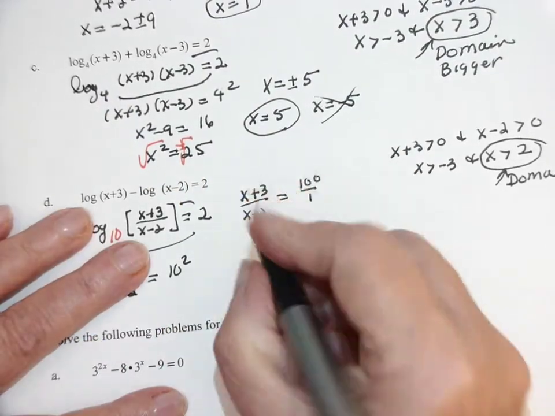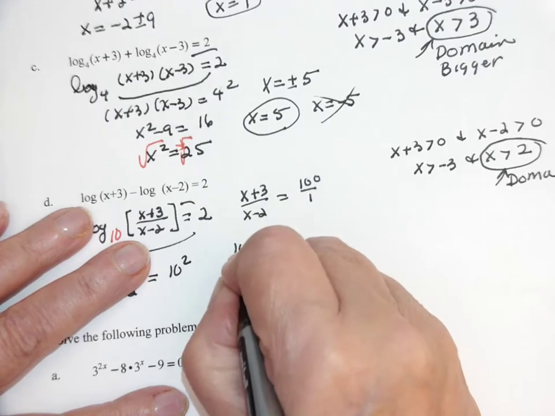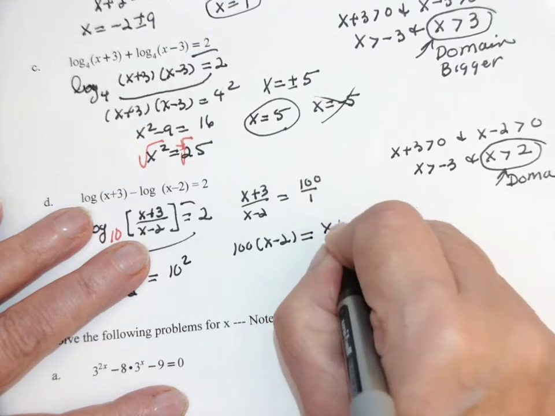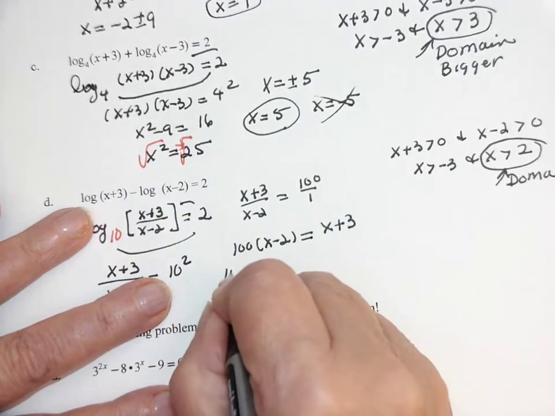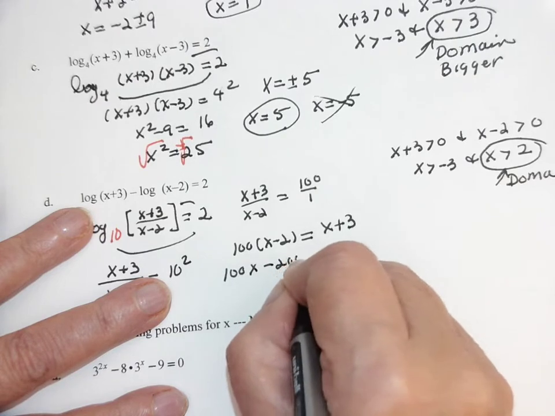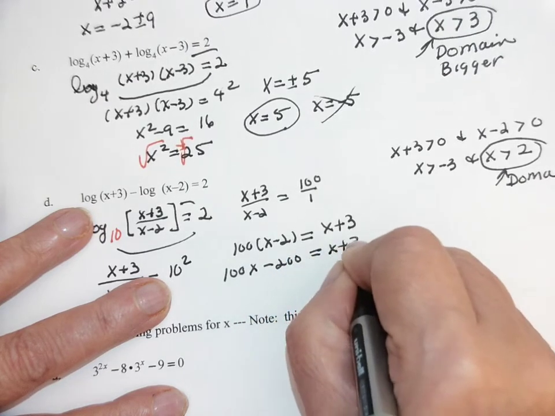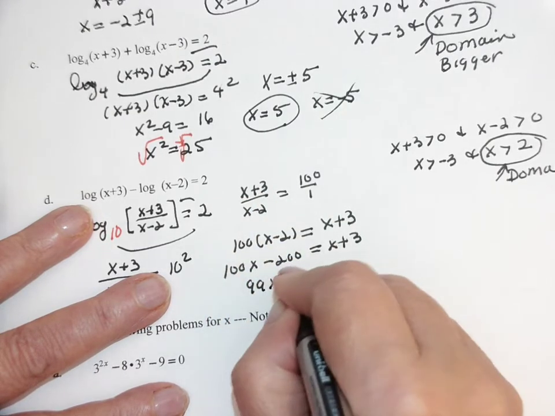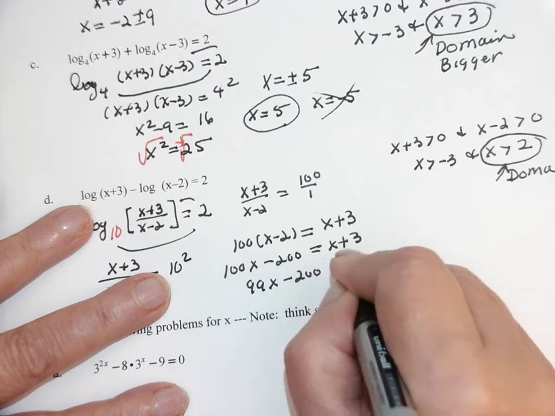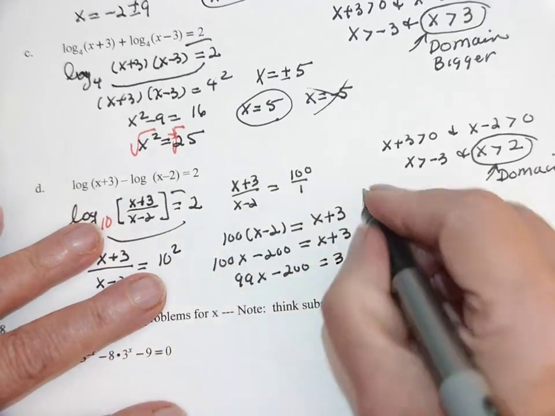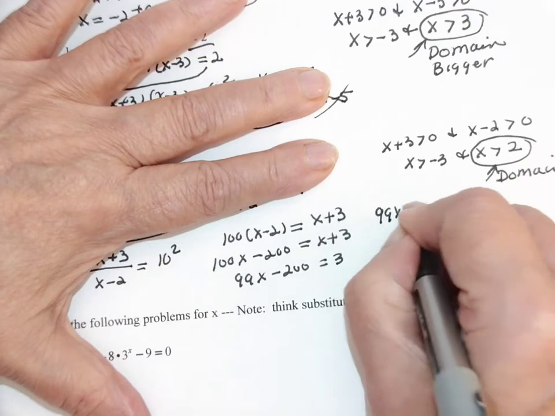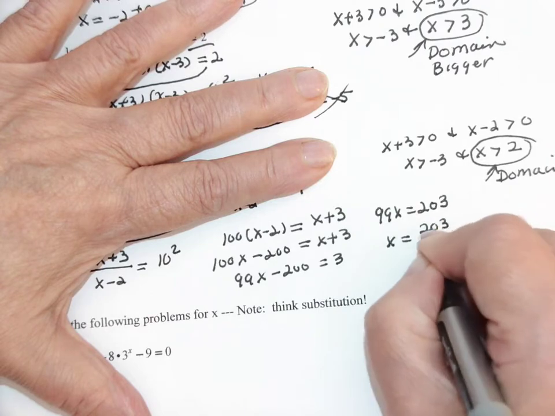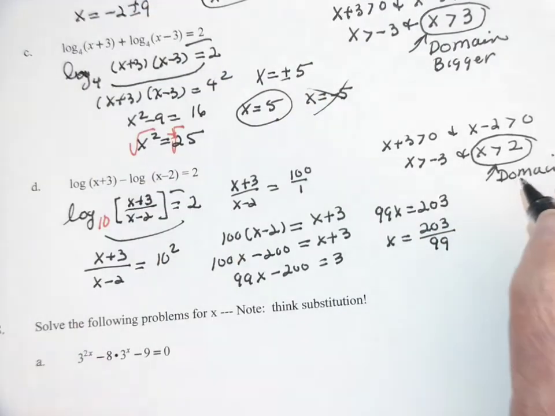Multiply through by x minus 2, I get that 100 times x minus 2 equals x plus 3. 100x minus 200 equals x plus 3. Subtract x, 99x minus 200 equals 3. 99x equals 203, or x equals 203 divided by 99, which is certainly bigger than 2.